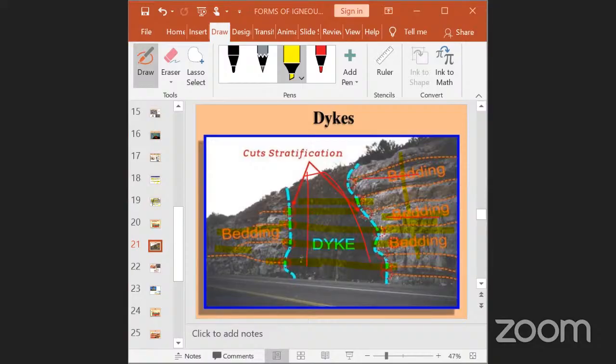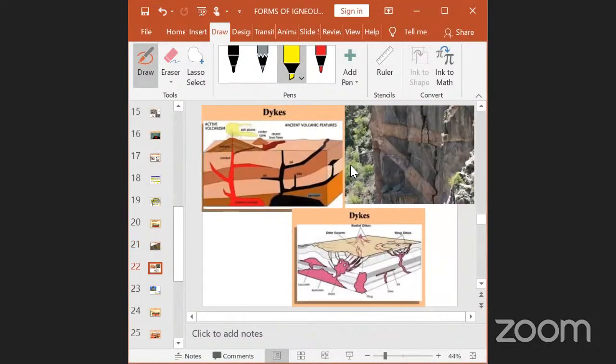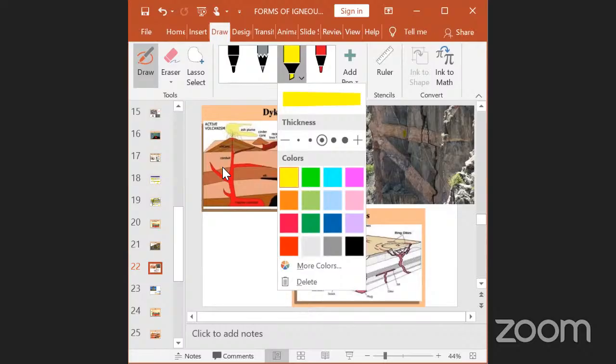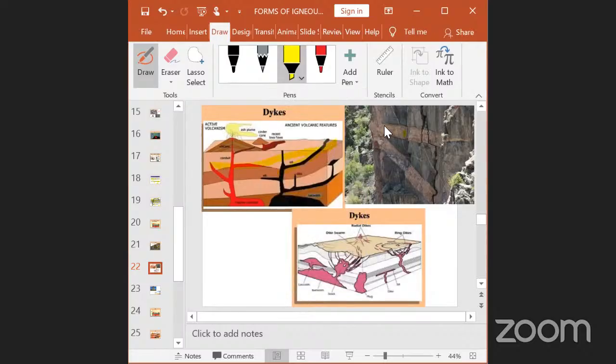During its forceful upward journey, magma intrudes through discordant fractures, cracks and crevices, joints, shear zones, or any other weak planes or zones.